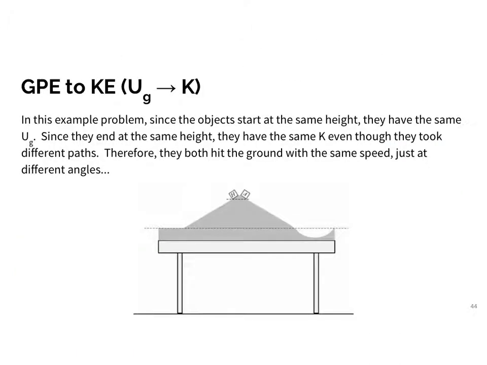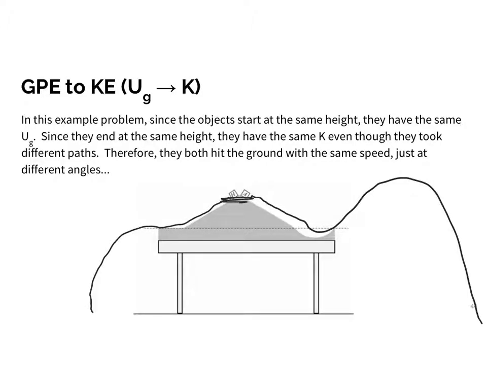All right, so in this case, for example, both objects start at the same height. Block A gets launched at an angle, so it goes up, and then it falls down to the ground like a regular projectile. Block H just launches horizontally, so it just goes down to the ground. When you use conservation of energy, which we'll talk about more, both objects start at the same height, and so they have the same potential energy.